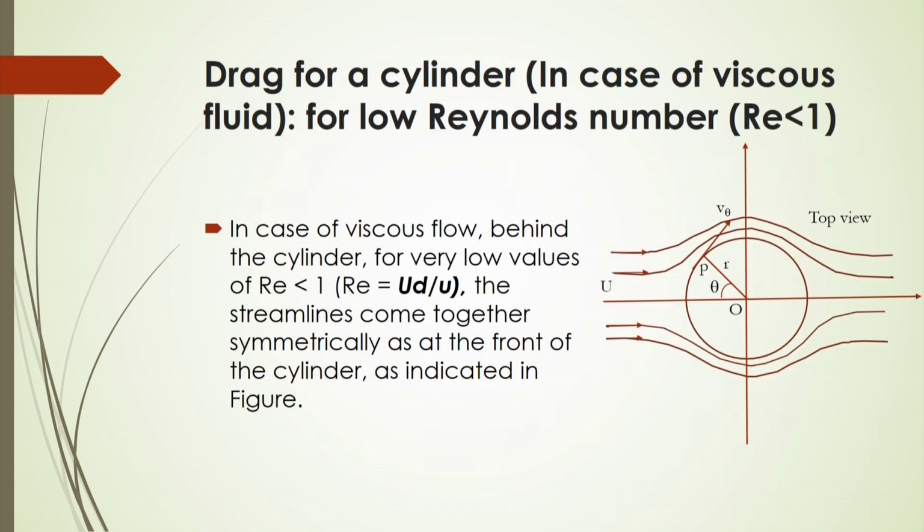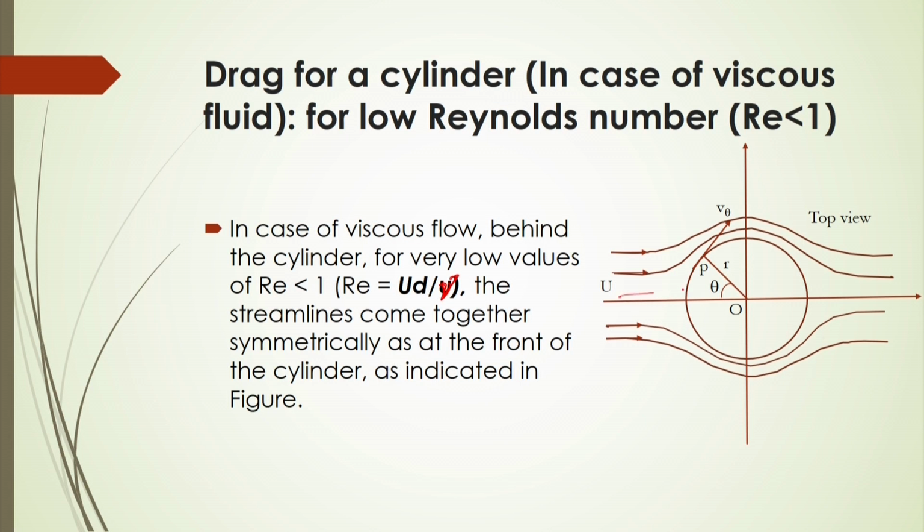Now, drag for a cylinder in case of viscous fluid, if we consider low Reynolds number, what will happen? In case of viscous flow behind the cylinder for very low values of the Reynolds number, which is defined as U d by nu, where nu is the kinematic viscosity, that is dynamic viscosity by density, the streamlines come together symmetrically at the front of the cylinder, as indicated in this figure.